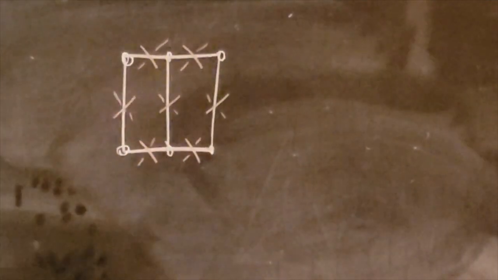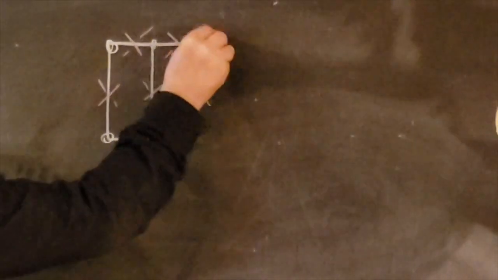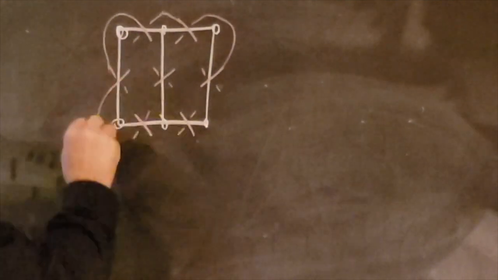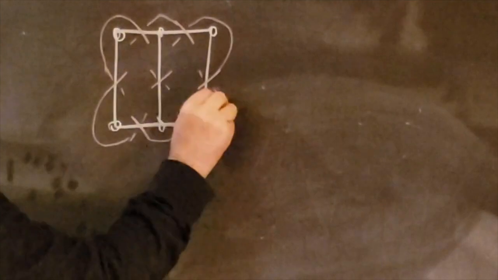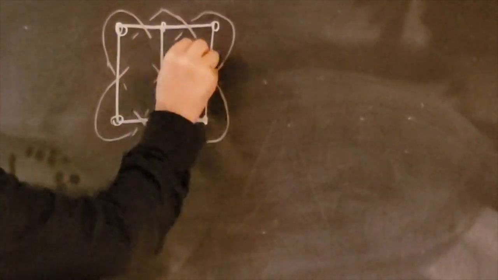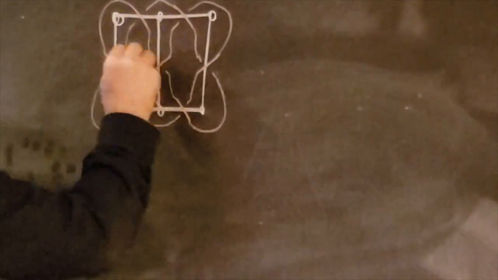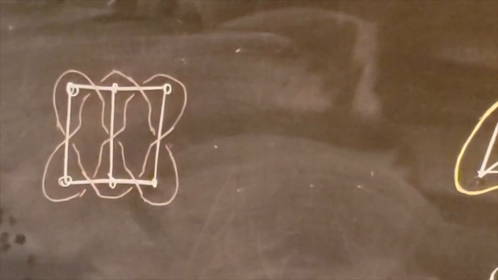So we have a crossing for every edge, and now we connect along lines. So this is our knot.